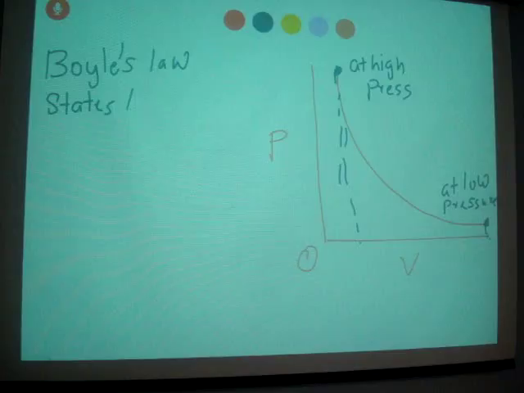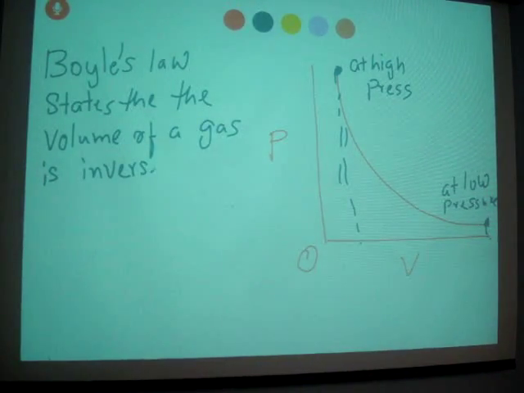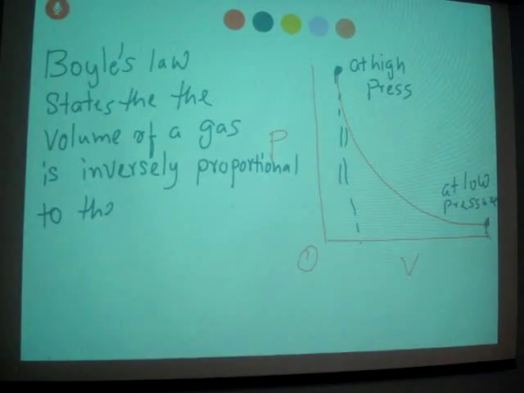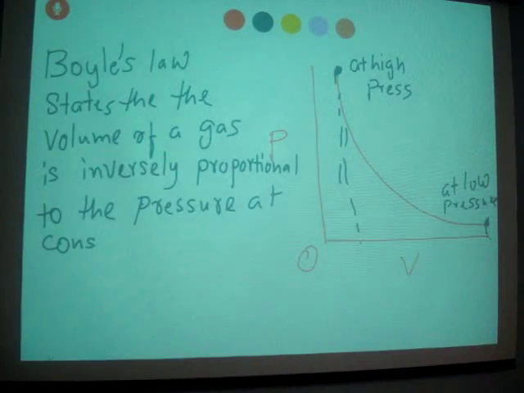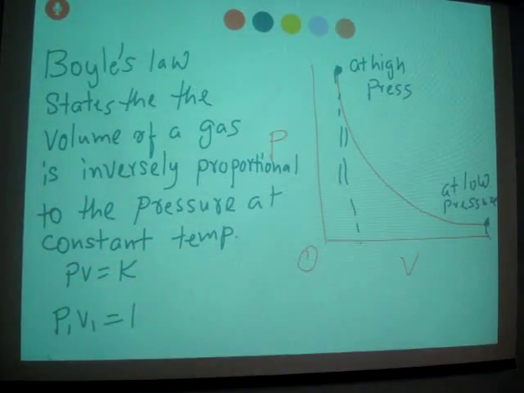It states that the volume of gas is inversely proportional to the pressure at constant temperature, and PV equals K, and for two conditions P1 V1 equals P2 V2, and you can show it graphically like that. So that's Boyle's law.